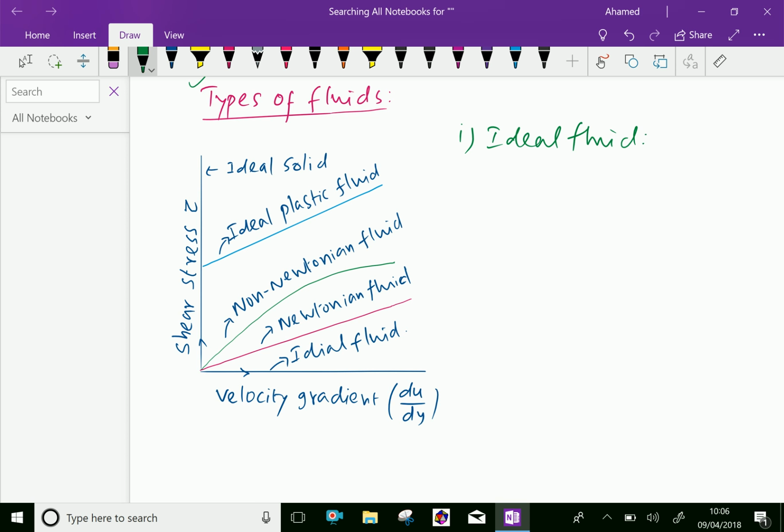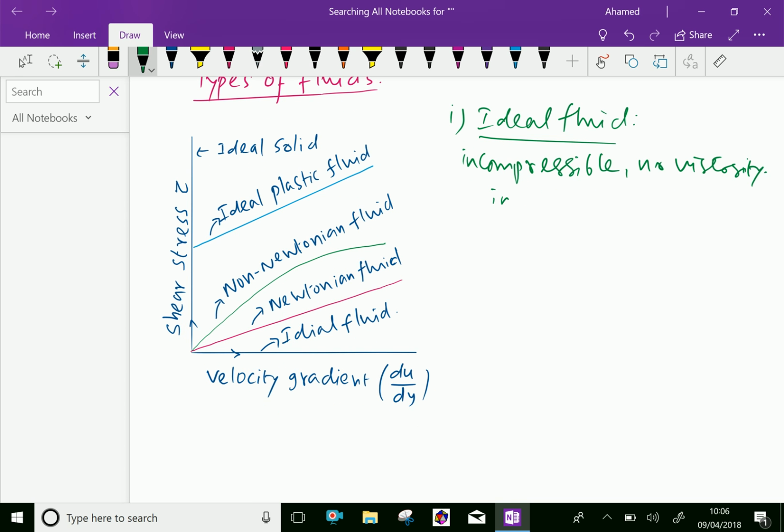So ideal fluid is an imaginary fluid, incompressible and with no viscosity. So it is represented on the x-axis.